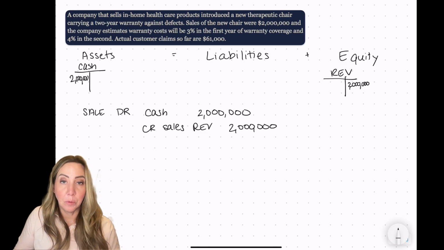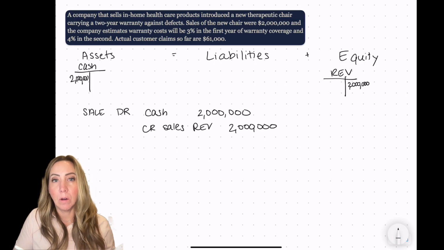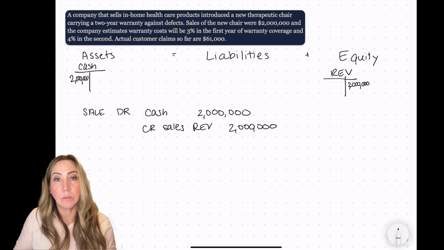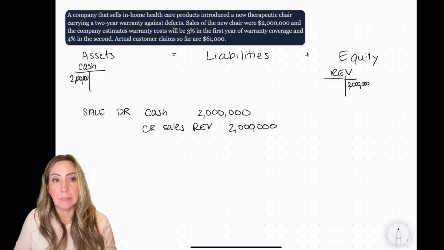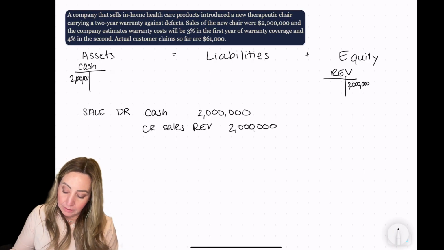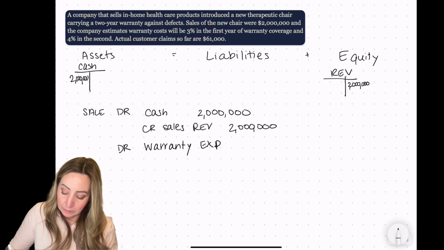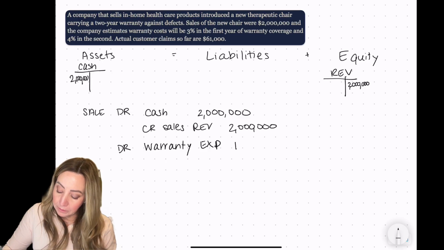Next, we need to record the warranty expense, and we've got 3% of costs are estimated for the first year, 4% for the second, but the idea of warranties is that we record the expense all now, even if we don't expect those costs to be actually incurred until later. So the 3% and the 4%, 7% total of the sales revenue needs to be recognized as warranty expense. So 7% of $2 million is $140,000.